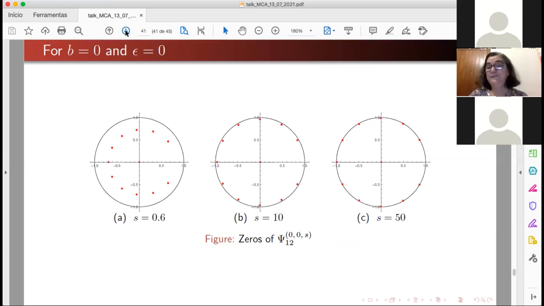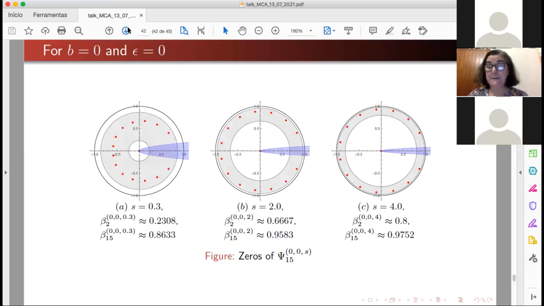So let me show some pictures for this special case. Here we have a polynomial of degree 12. We see that even when we increase S a lot, which is the parameter in the Sobolev orthogonal polynomial, we have all the zeros inside. Actually, we proved that.